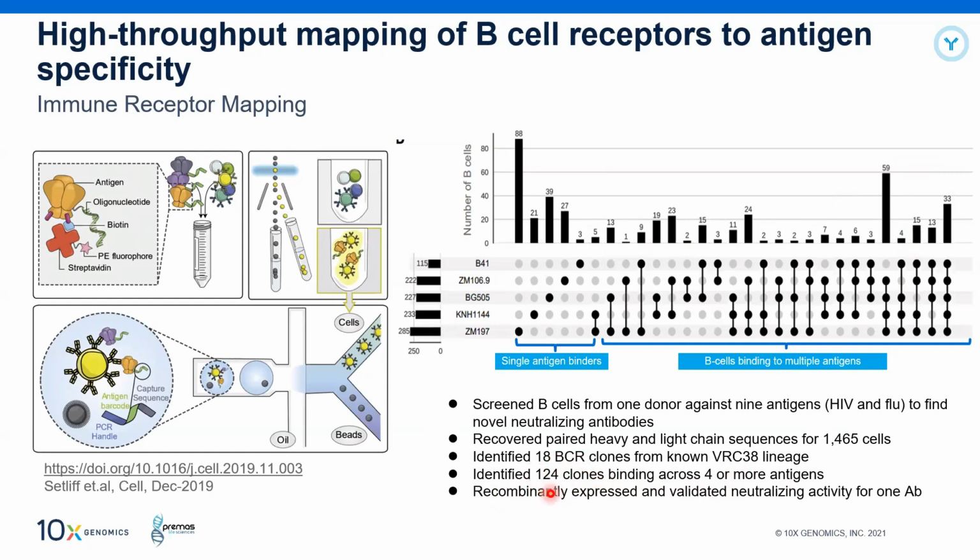So these clones will be pharmaceutically important because they have a neutralizing effect on 4 or more antigens, and that can be used in a broader way to treat or manage a specific disease. So only one antibody or clonotype can neutralize HIV and flu at the same time, and if you can discover some other antigens also, that is what we call in technical terms a broad neutralizing antibody.